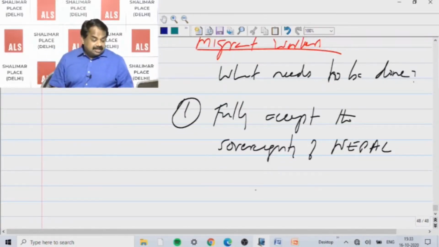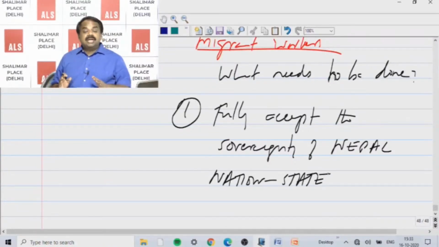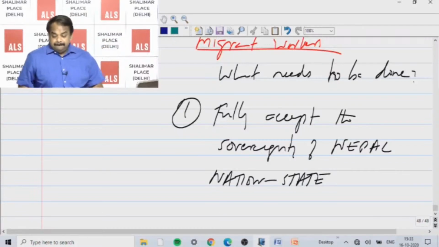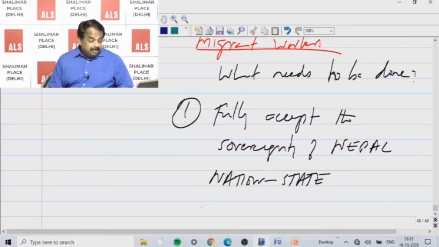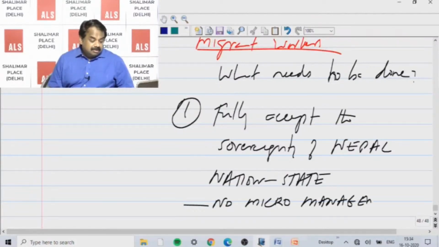We should accept Nepal as a nation state and treat them as an independent country, and we cannot micromanage. We should resist this temptation of micromanagement of the local politics of Nepal.